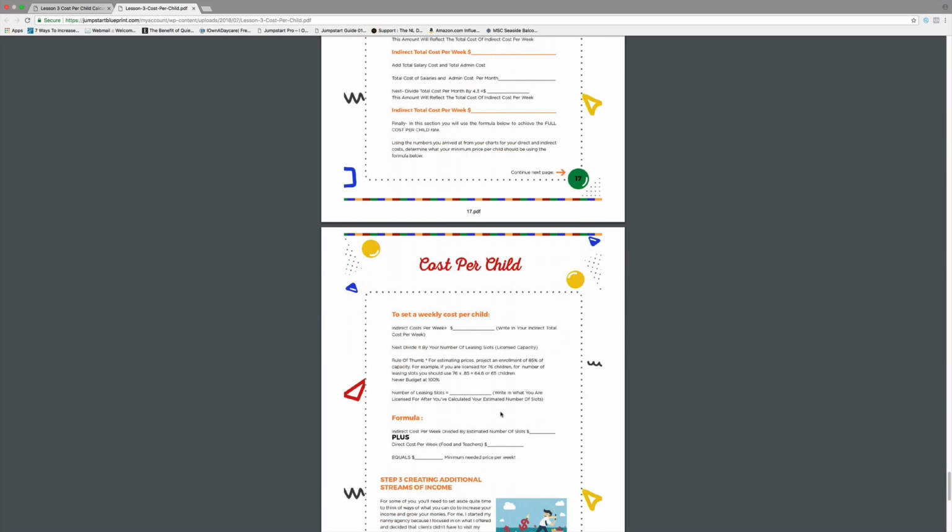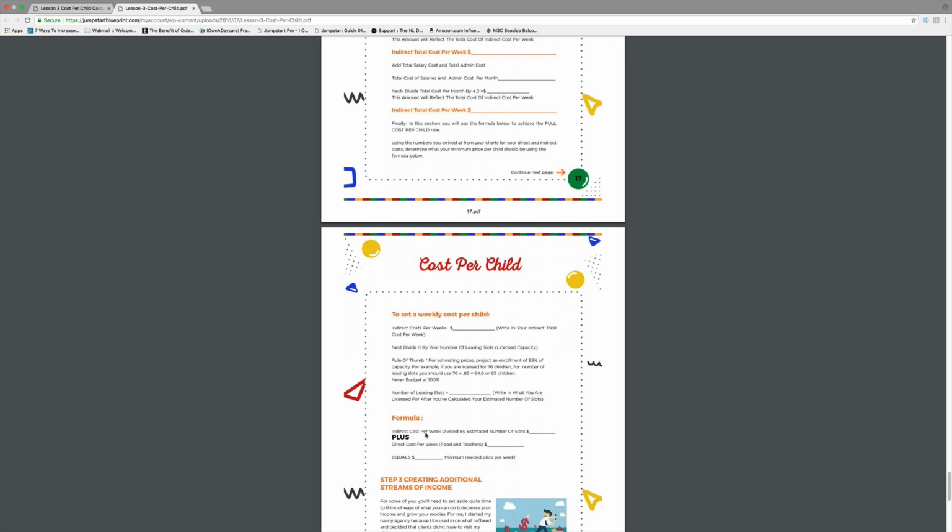So here's the formula. Take your indirect costs per week. Next, divide the number by your license capacity. Take your number of licensed slots, where you are licensed for and what you've calculated for your estimate number of slots.